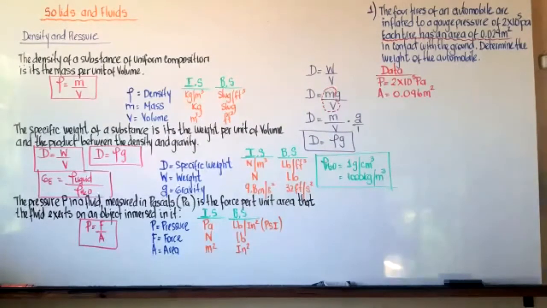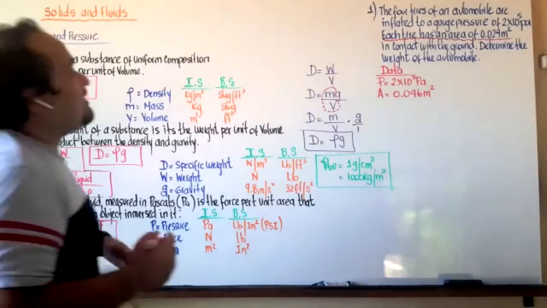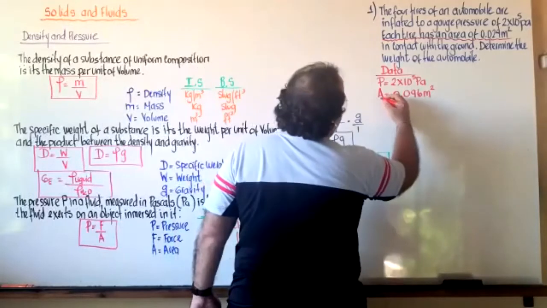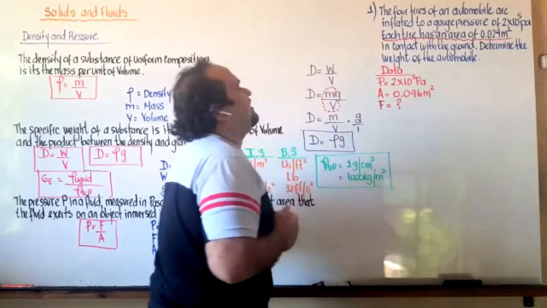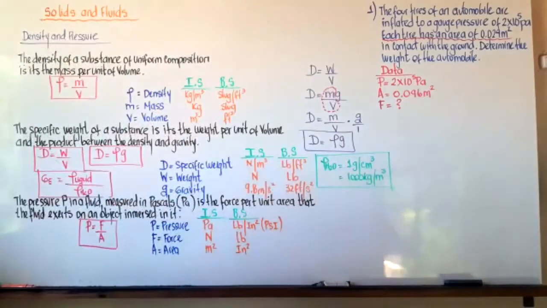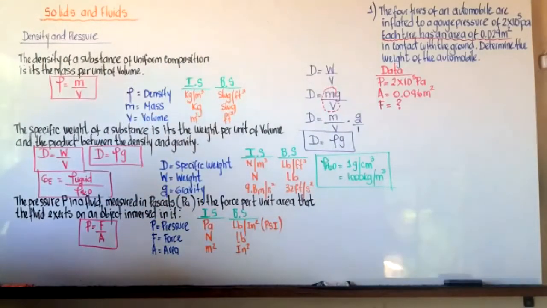So what is the question? Determine the weight of the automobile. What is the weight? The weight is a force, right? For that reason, the only thing that we have to do is look for the applied force, and we're talking about that weight, okay? So what will be the first step?